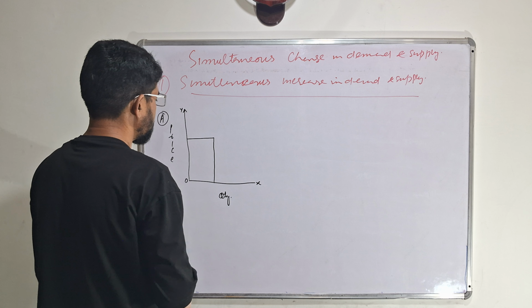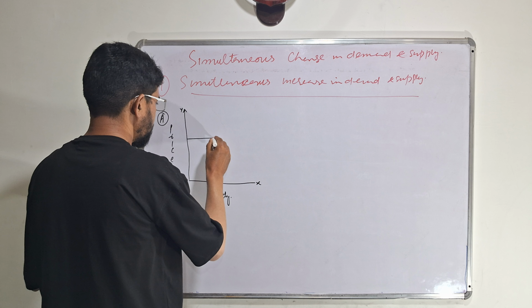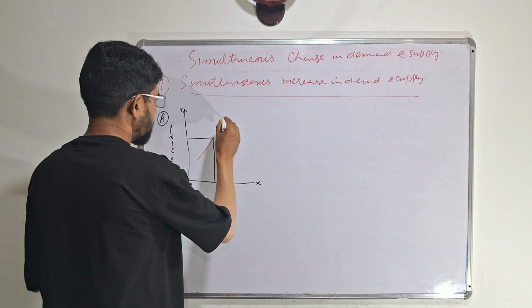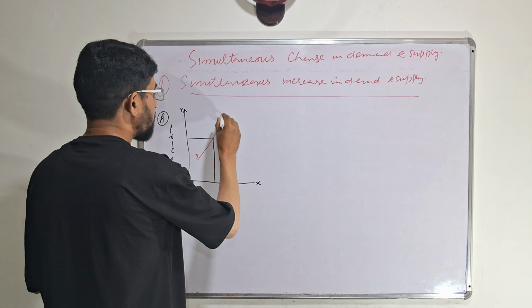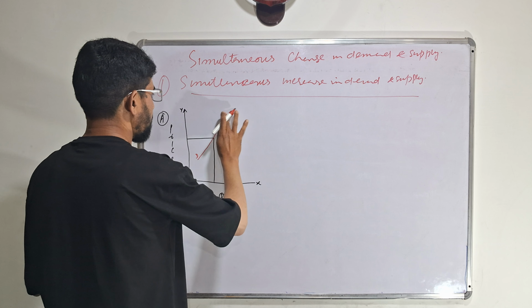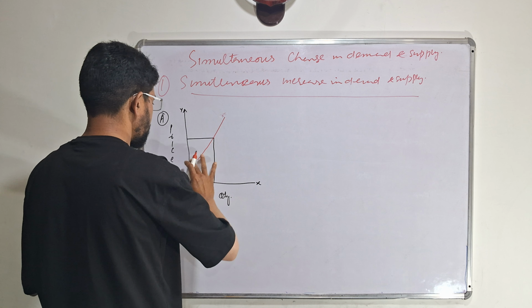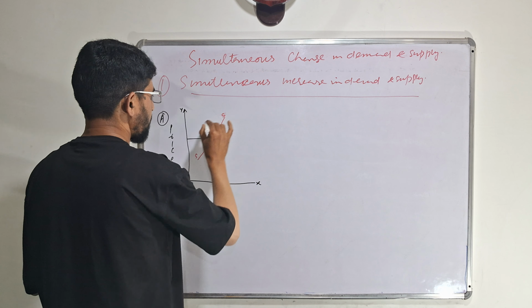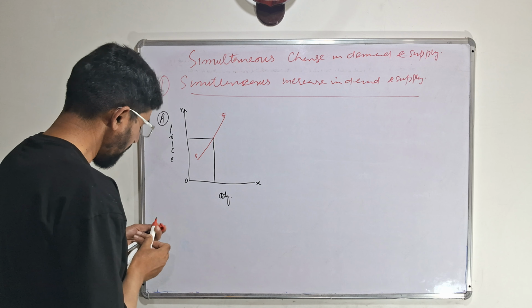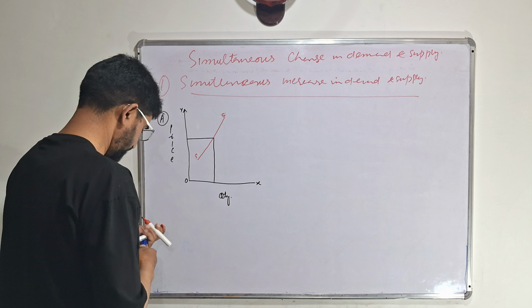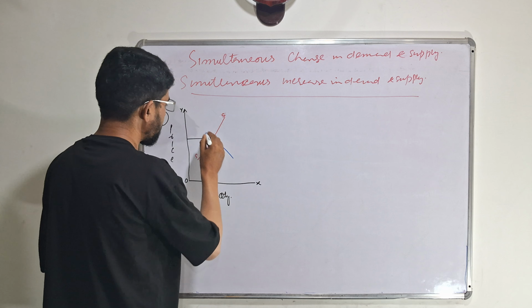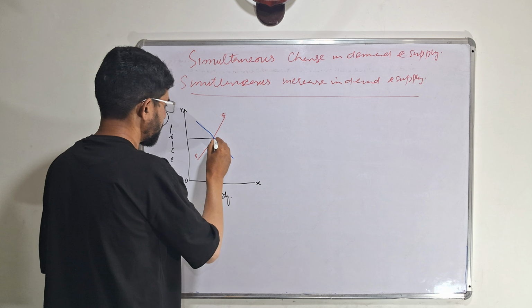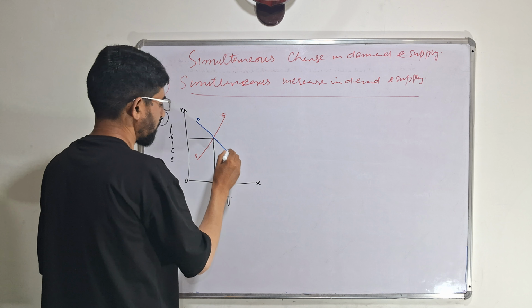This is supply, SS, as supply has a positive slope. Now, demand. Demand has a negative slope. This is the demand curve.